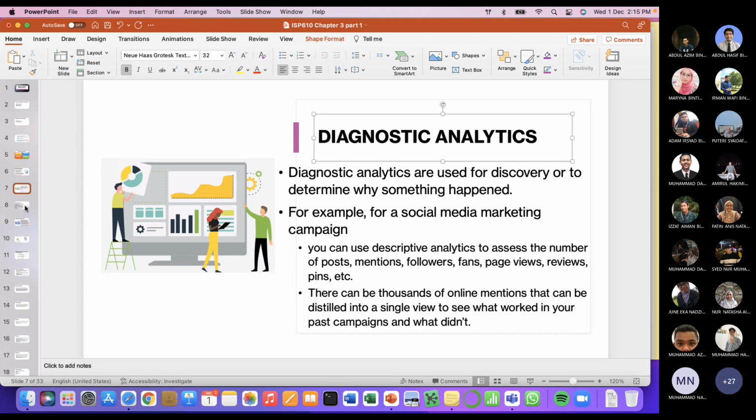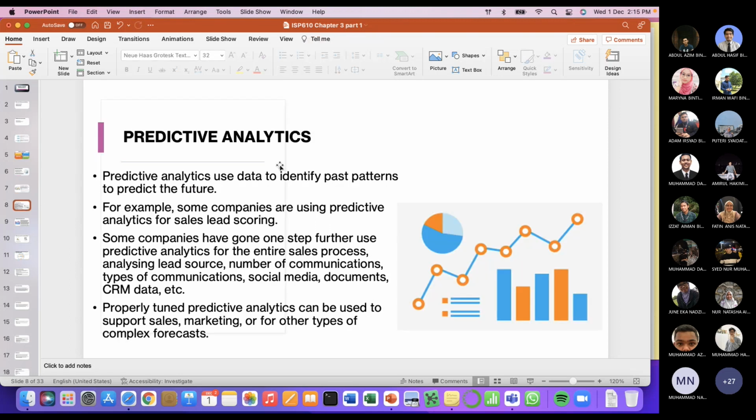Okay, and the third one will be predictive analytics, where we use it to identify past patterns to predict the future. Using the historical or the current data, we can predict the future. So one of the examples is sales lead scoring. They can predict so many things.